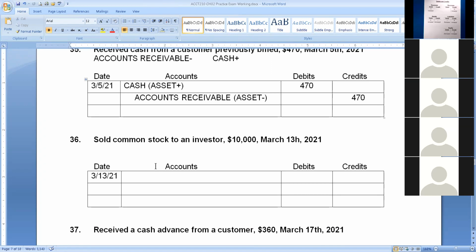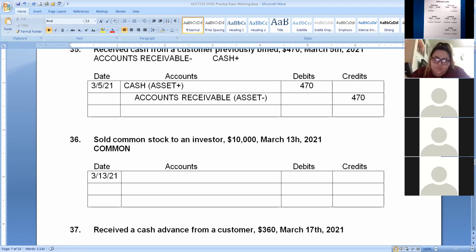So we'll come to stock issued to an investor for $10,000. What accounts? Common stock. Yeah. So common stock is going up.